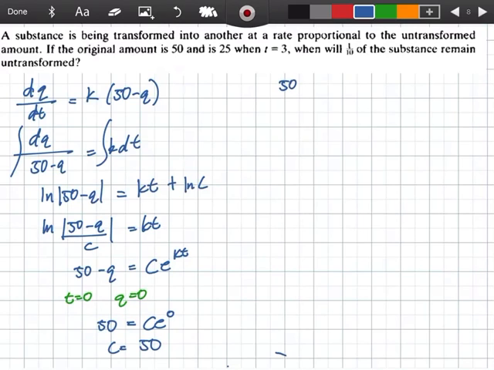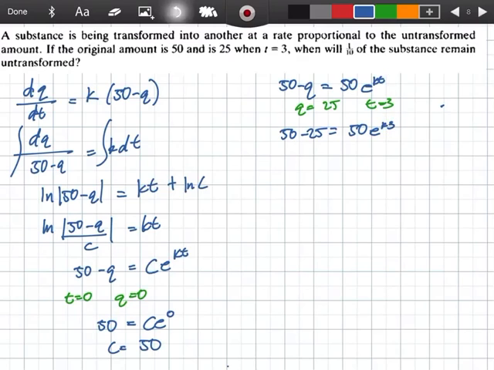So, 50 minus Q equals C e to the kt, and C is 50, so we write 50 e to the kt. Now, it says Q is 25 when t is equal to 3. So we write Q equal to 25, t equal to 3. So 50 minus 25 is equal to 50 e raised to k times 3.